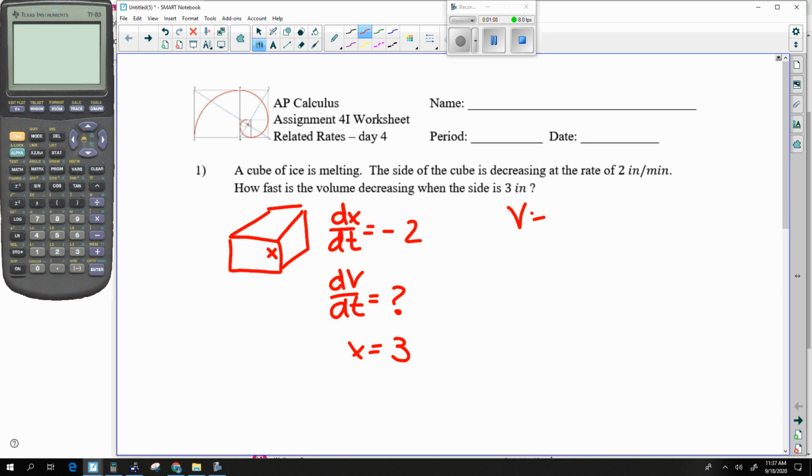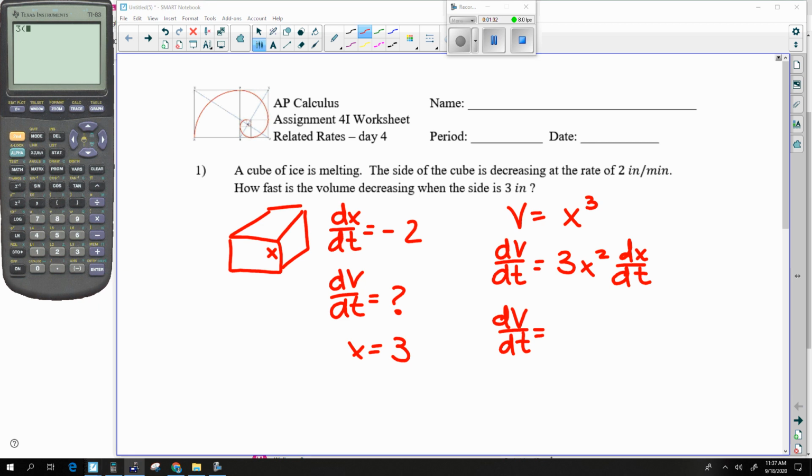So the volume of a cube is its side cubed. So dV/dt is equal to 3x squared dx/dt. The question is ultimately asking what is dV/dt, so I better have all those other pieces, which I do.